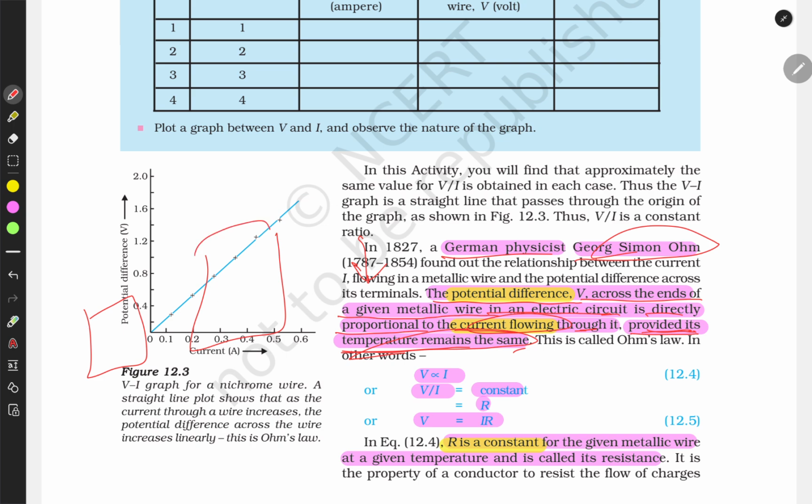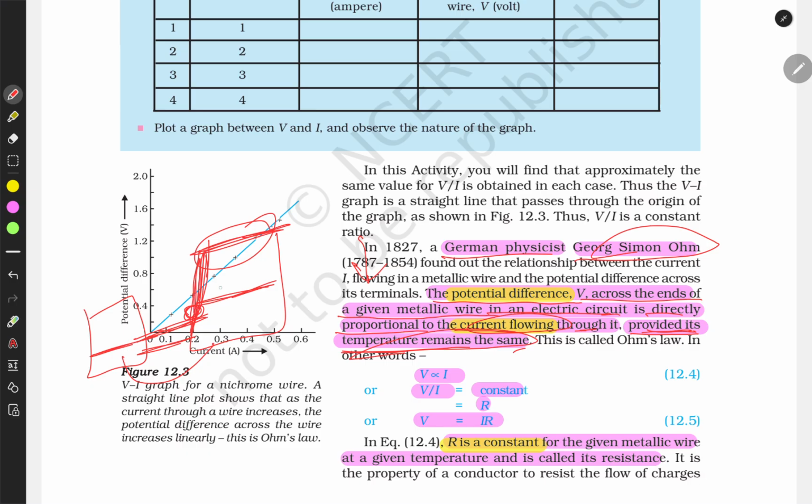The level of water is this way, and here the potential difference is this much height. If I increase the water level here, its potential difference increases.